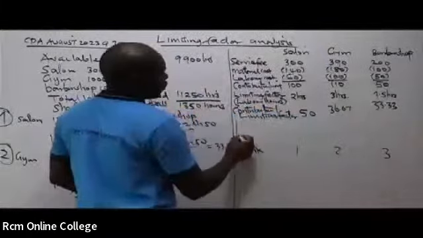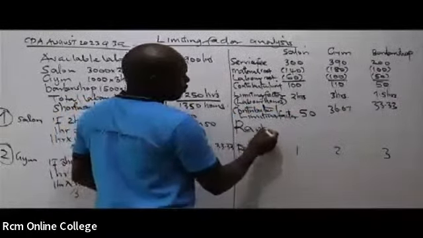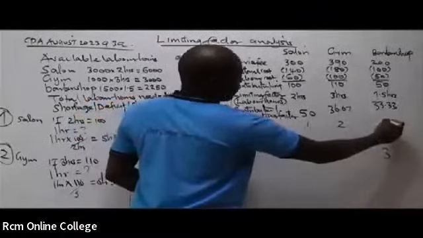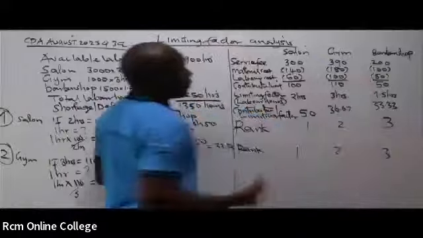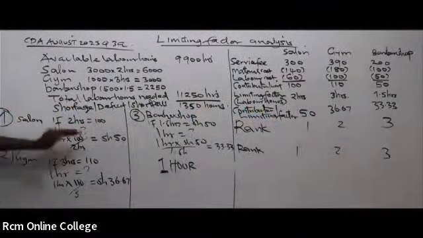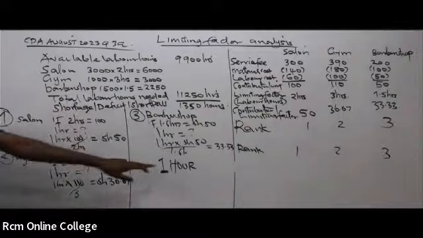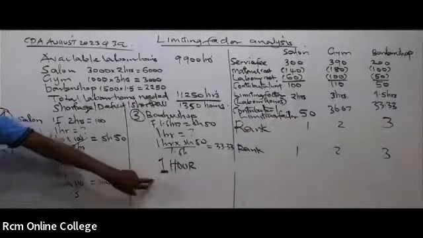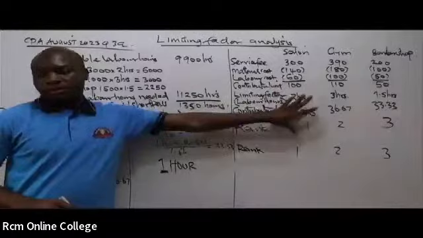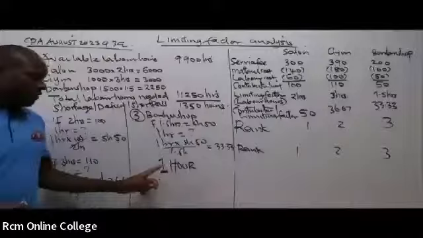Then you now rank. So this one is number 1, number 2, number 3, right? So you can clearly see you are basically applying this method number 2 of using 1 hour. Look at the ranking we did when we used 5 hours.